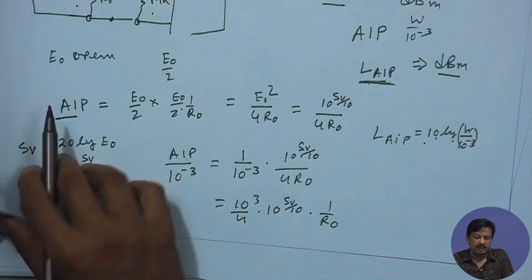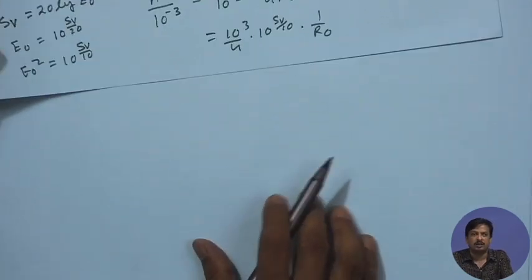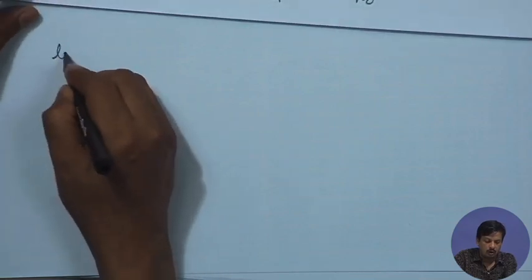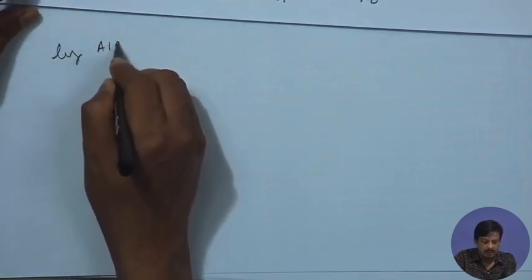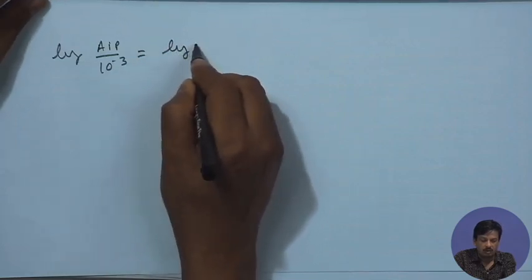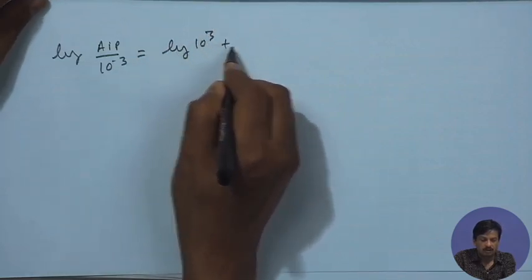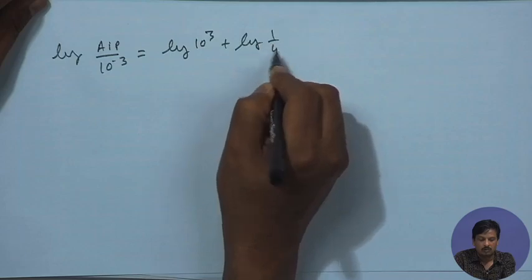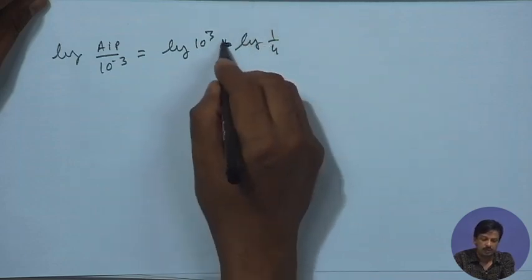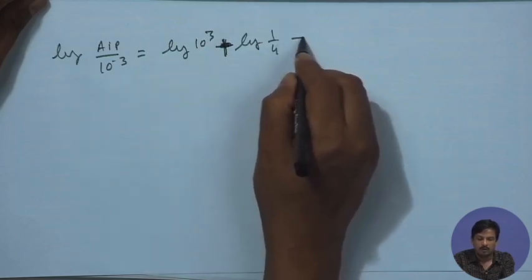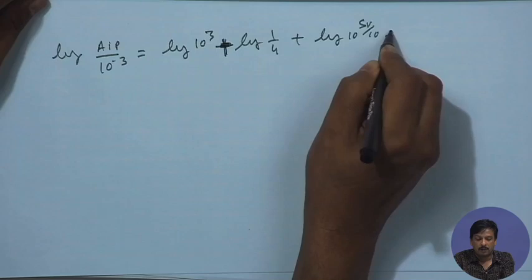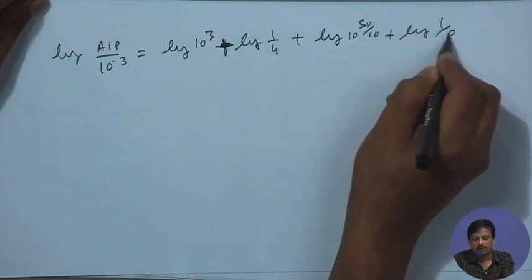So, if I take the log on both sides of this equation, what will come? Log of AIP divided by 10 to the power minus 3 is equal to log of 10 to the power 3 plus log of 1 by 4 plus log of 10 to the power SB by 10 plus log of 1 by R0.